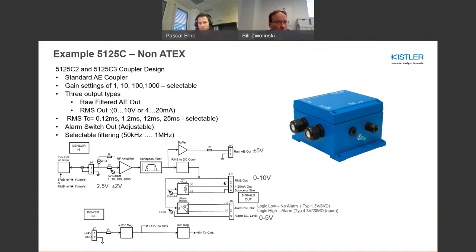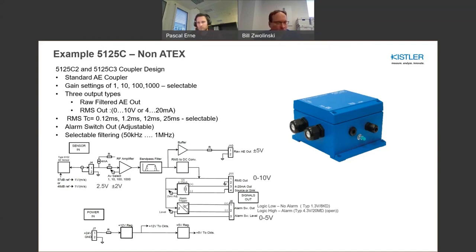The power supply coupler, at least the one we've used for these applications, has a lot of flexibility in terms of setting the gains. You can have different gains from 1 to 1,000. Obviously, setting higher gains amplifies both signal and noise, so you always want to be mindful of that. Certainly, the RMS time constant is also important.